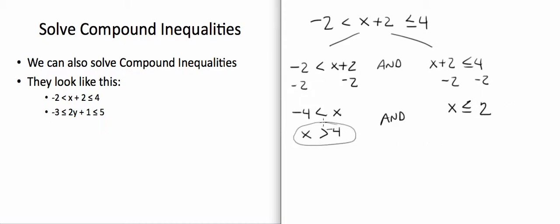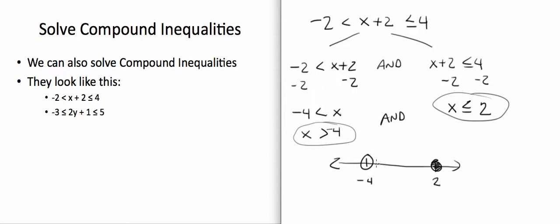So we have these two inequalities now that we're going to graph on the same number line. So we have -4 here, open circle, closed circle at 2, and the shading goes in the middle. All shadings with compound inequalities with and in them go in the center.